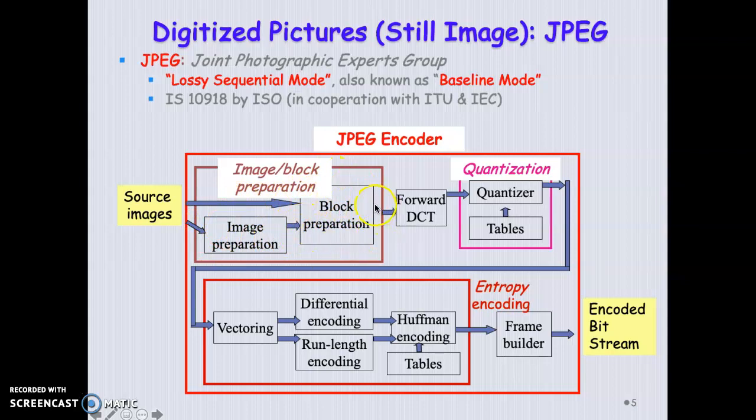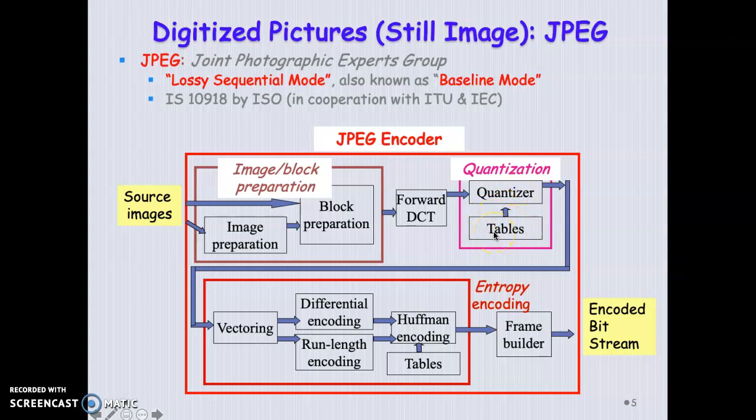The output of this goes to the forward DCT. Then your image will be in the frequency domain. Once it is in the frequency domain, you will do the quantization. Quantization means you will reduce a large range of data into a smaller range. You will quantize depending on the table that you create.